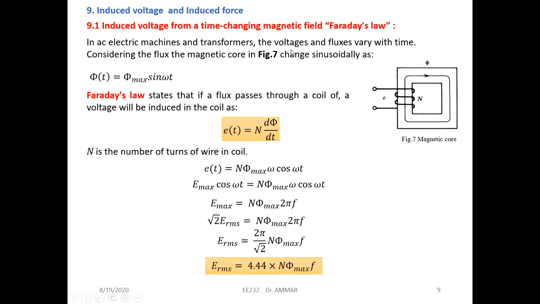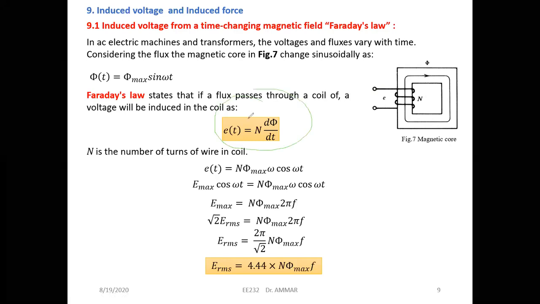I repeat again that this expression is valid only if we have an alternating flux, because if phi is constant, as in the case of DC voltage, there is no voltage, since the derivative of a constant is 0.